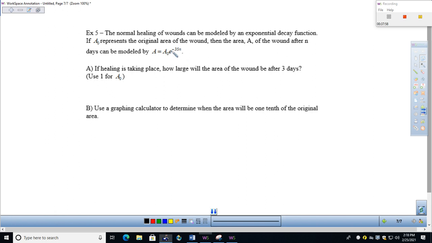Perfect. If healing has taken place, how large will the area of the wound be after 3 days? Again, no worries, everybody. Think of this as input and output. Now, I didn't write A of n here in terms of good old-fashioned function notation, but I'm going to do it here. Essentially, we're looking for an input of 3. And it does say use 1 for A sub 0.